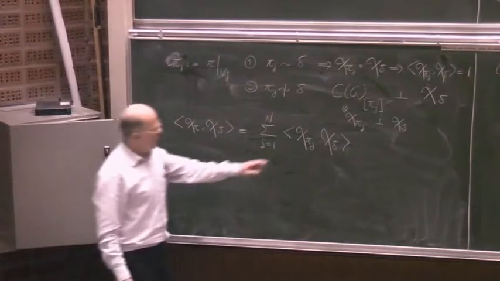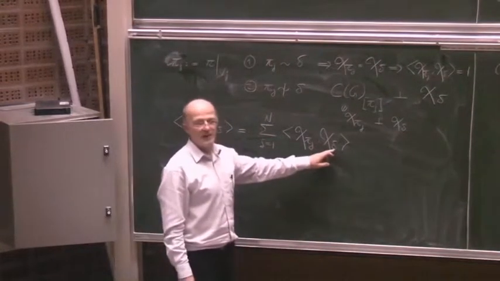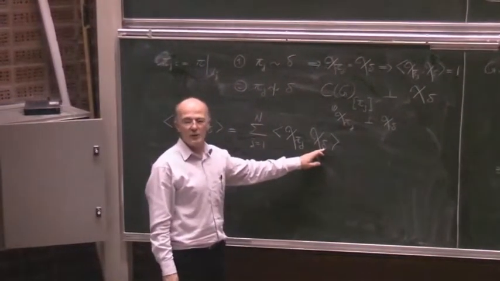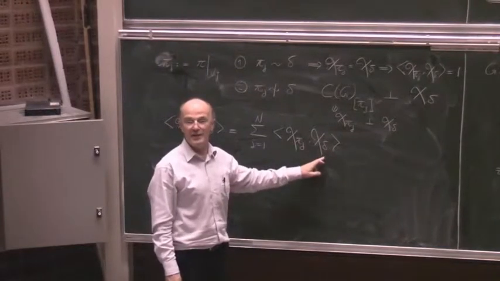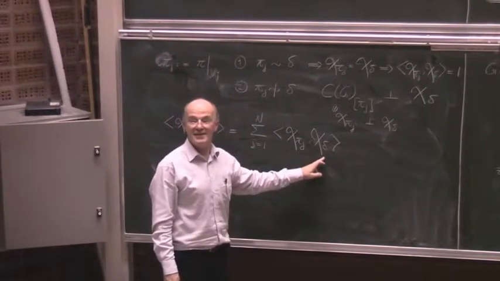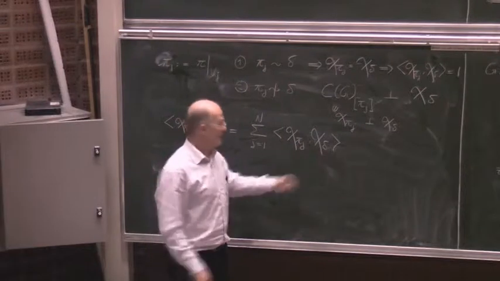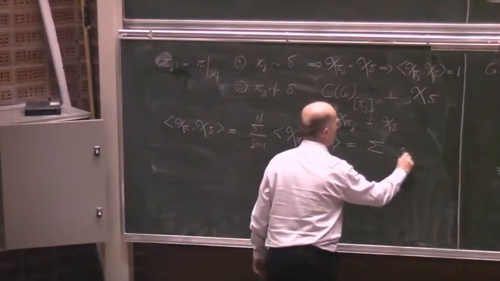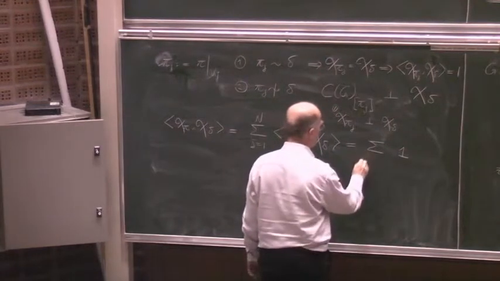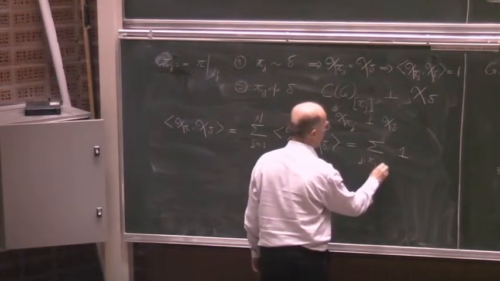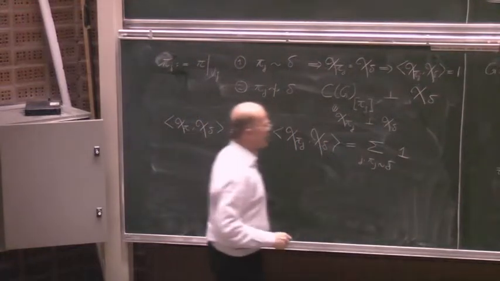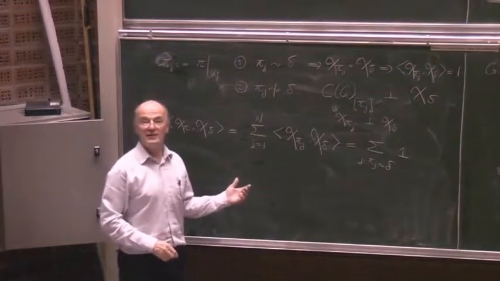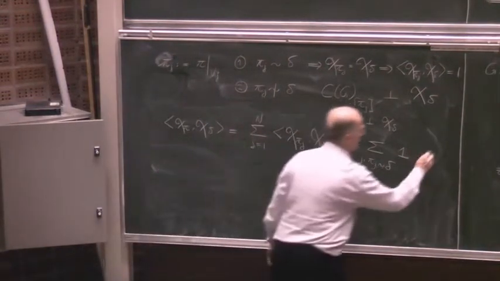This is 0 when pi j is different from delta, and it's 1 when pi j is equivalent to delta. So this is indeed just the sum of 1 over those indices for which pi j is equivalent to delta. And this is precisely the number of indices for which pi j is equivalent to delta. So we are done.